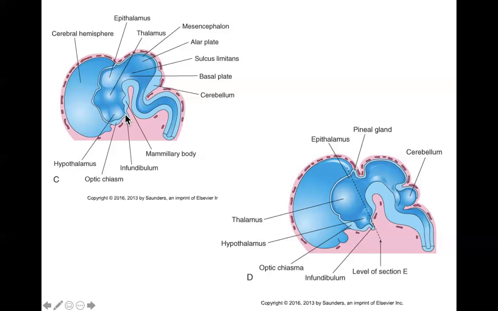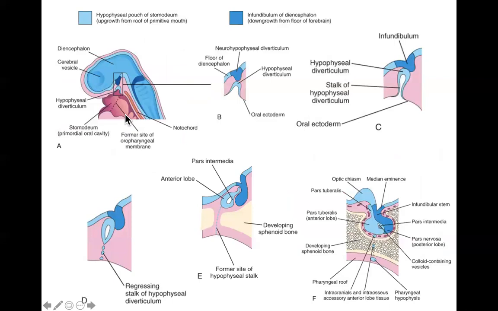Now, the book harps on the formation of the pituitary gland, and that's appropriate because this guy controls so much of the hormone symphony in the body. It's just crazy how much it does. Not to mention the fact that it forms in a very unique way that people like to put on quizzes and tests. So we're going to spend a little bit of time on the formation of the pituitary gland.